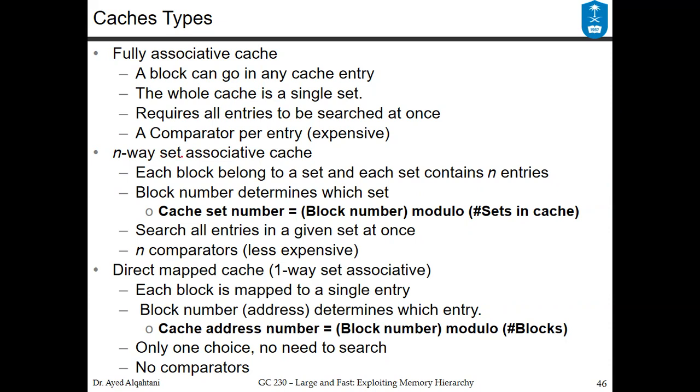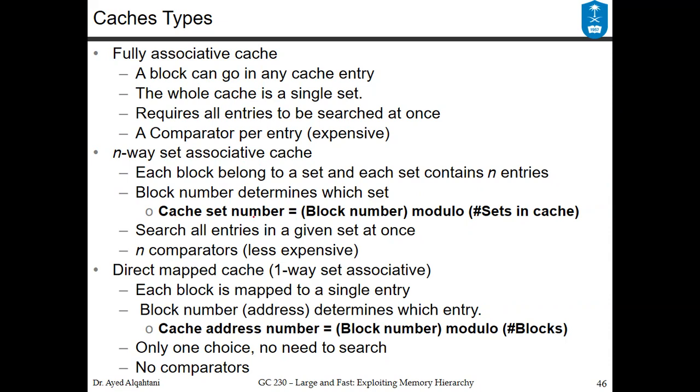In an n-way set associative cache, you need to know how many sets you have. Or specifically, if you have a block number, you need to determine which set should take this block. And to get this, you can find it using this formula.